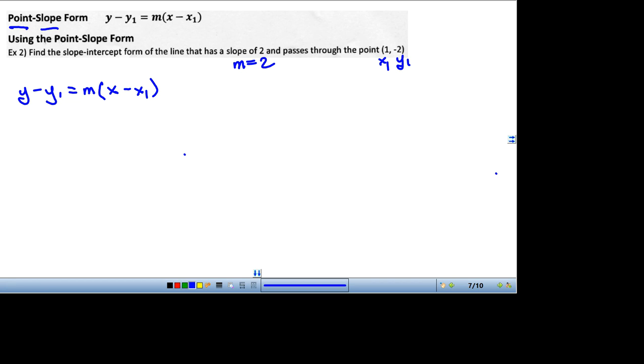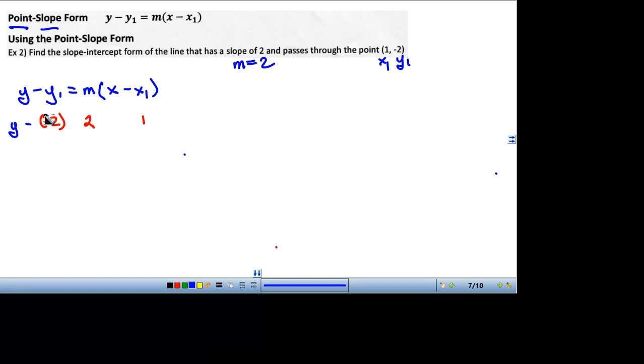Plugging things in. I know m is 2, and I'll put it in a different color for you. I know my y1 is negative 2, and I know my x1 is 1. Everything else I'm just going to fill in.